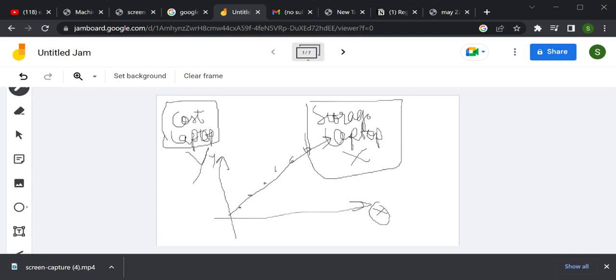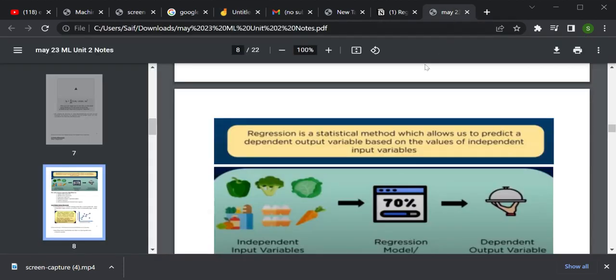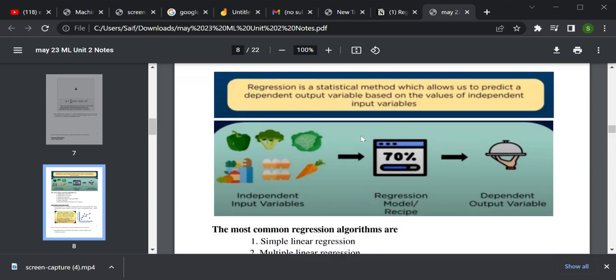But consider that x is an independent variable. It does not depend on anything. Whatever you consider x would be an independent variable, whereas y would be a dependent variable. So as per the definition, regression is a statistical method which allows us to predict a dependent output variable based on the values of independent input variables.